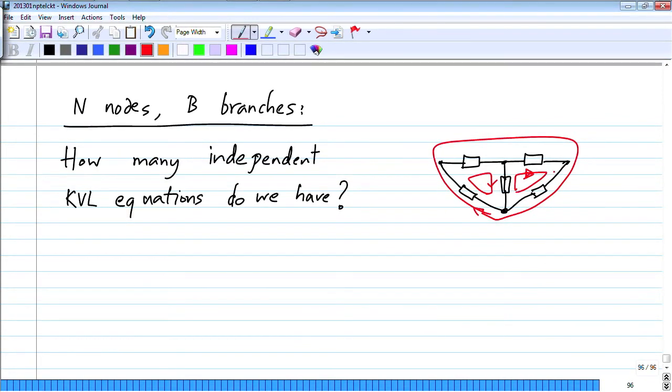So how many would I have? Some of you have given answers and the answer seems to depend only on the number of nodes, and that's a little strange because you would think that the number of loops would also depend on the number of branches. Because if you don't have a branch, then you cannot form a loop. Now I am not talking about this specific circuit. If you have a circuit with n nodes and b branches, how many independent KVL equations would we have? That's the question.